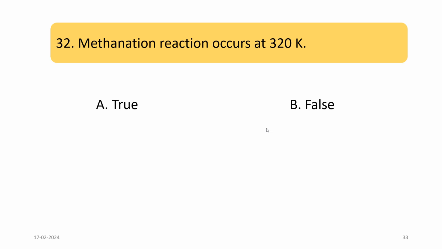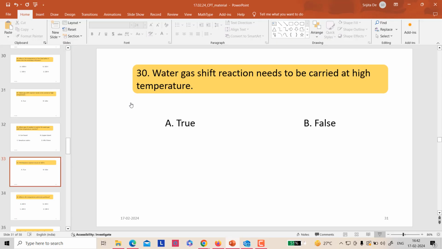Methanation reaction occurs at 320 Kelvin. Is it true or false? So it is true.